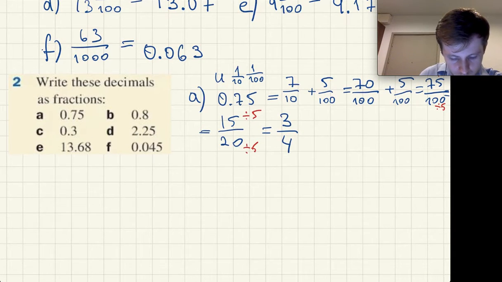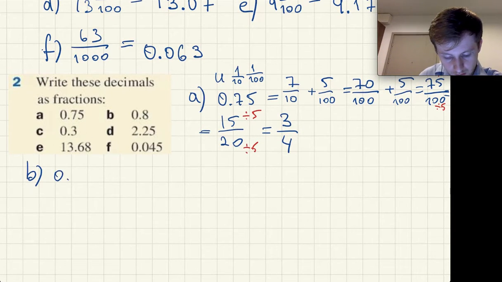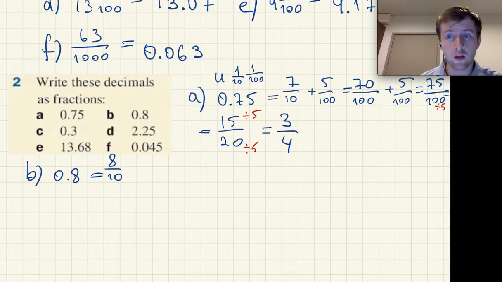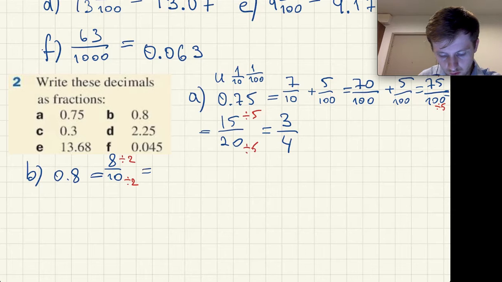0.8 is our next competitor. How can we show 0.8? It's 8 over 10, and 8 over 10 again can be simplified. We can divide both 8 and 10 by 2, which would give us 4 over 5 as a final answer.